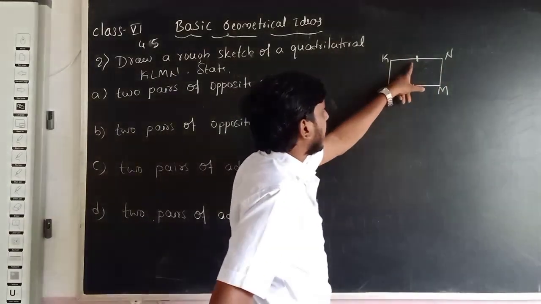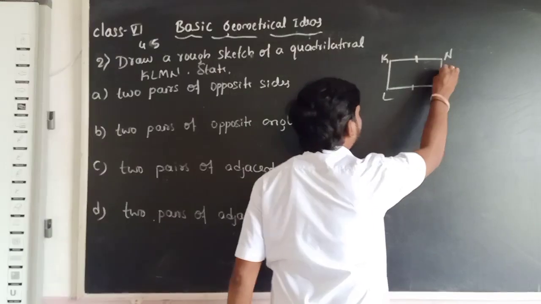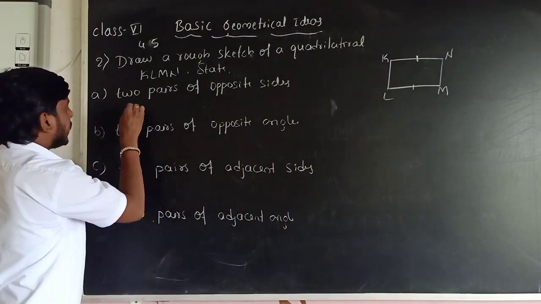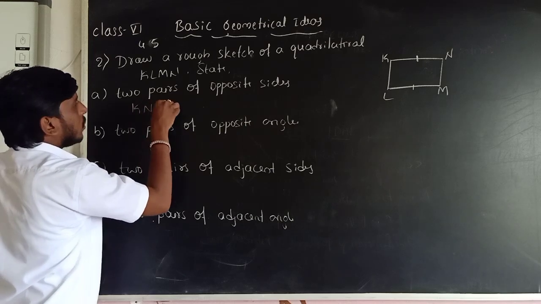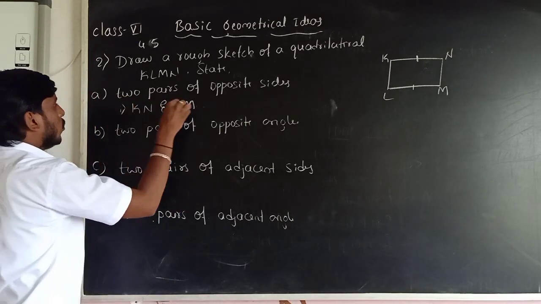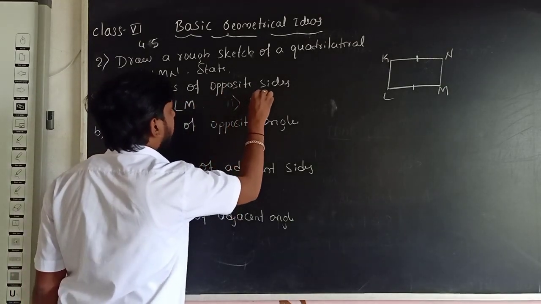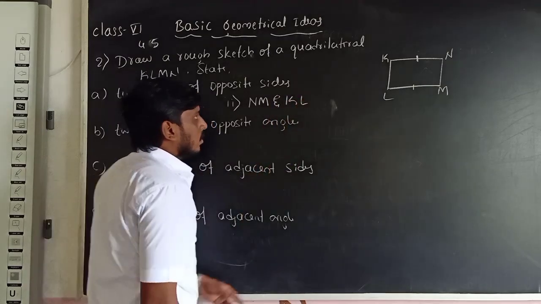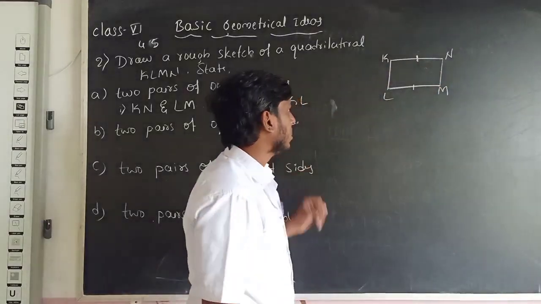One more pair: MN and KL. So the two pairs of opposite sides are first KN and LM, and one more pair NM and KL.